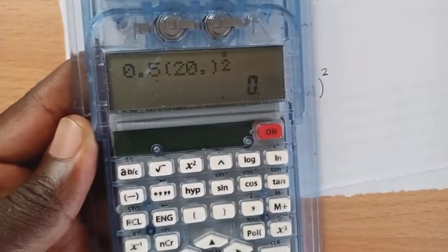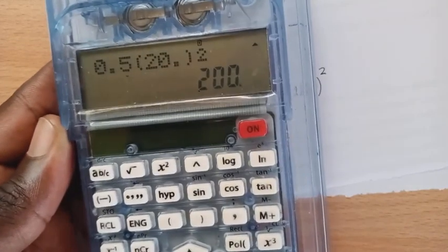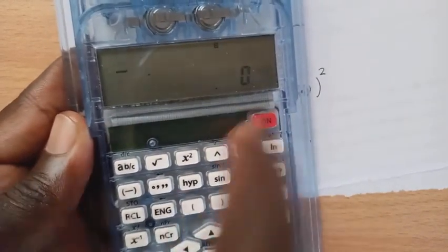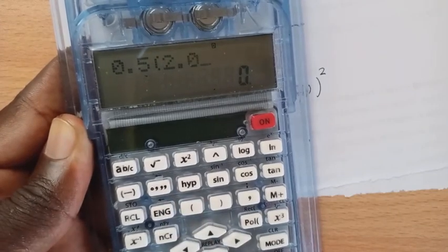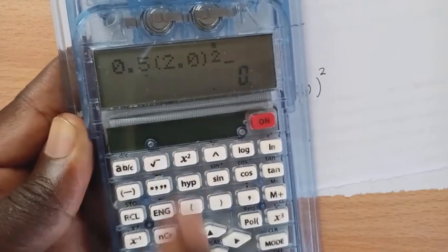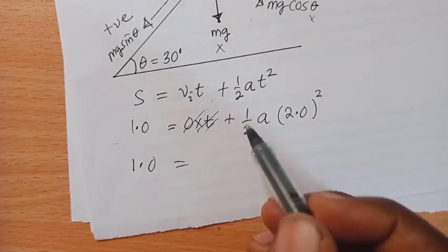Press something like this, and now press the equality sign. Look at what you have. Oh, sorry, I pressed it incorrectly. It should be 2.0 and not 20. 2.0 squared. You see, this means you press 1 upon 2.